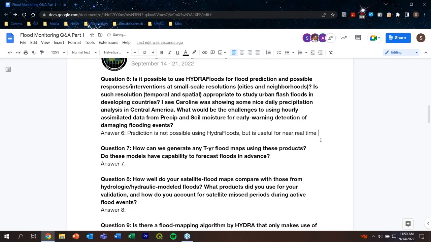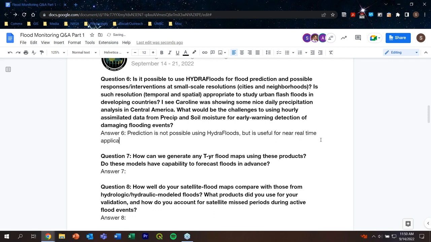It's possible to respond with interventions at small scale resolution, cities and neighborhoods. So the resolution here is 20 to 30 meters. It is possible to really look at communities or urban areas in this.